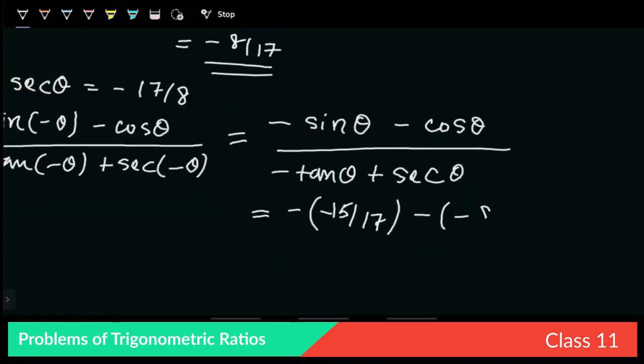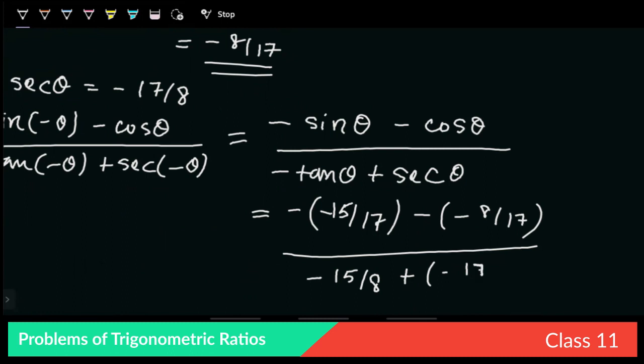So minus of minus 8 by 17. Now what is tan theta? Tan theta is given in the question, that is 15 by 8. So minus tan theta is minus 15 by 8. Okay, plus sec theta. Sec theta is minus 17 by 8. So I can write plus of minus 17 by 8.